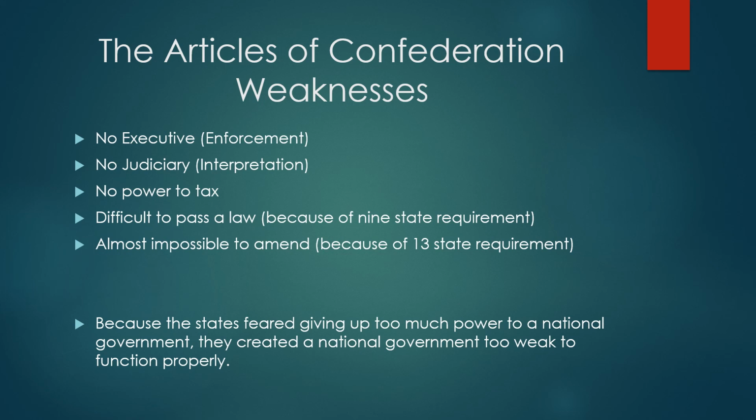But because of that, the national government proved to be too weak to be effective, too weak to function properly. And that is why in the coming years, in just a very short period of time, there developed a sort of consensus around the idea that this document had to be either changed or replaced.